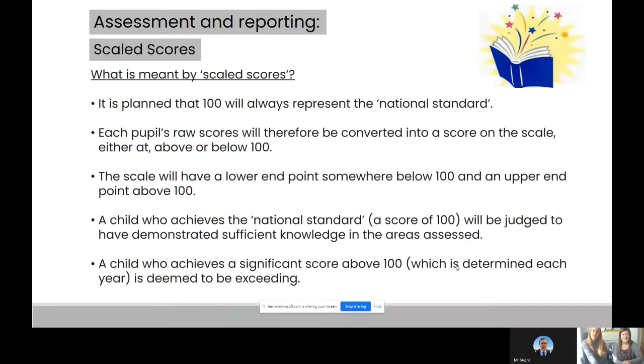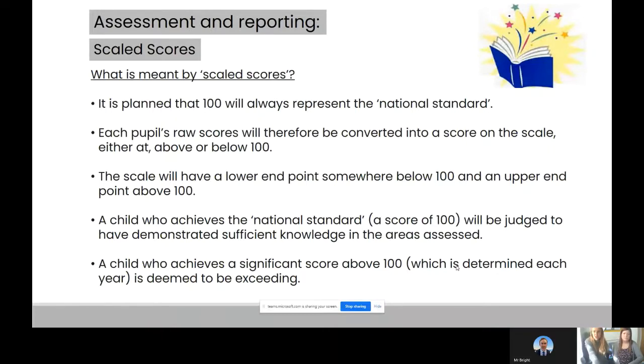Yeah, so you can pause this video and have a proper read of this slide here. This is just showing you a bit about the assessment and reporting and the scaled scores. So it's planned that 100 will always represent the national standard, so the expectation. Each pupil's raw scores will therefore be converted into a score on that scale, either at, above or below that 100 mark.